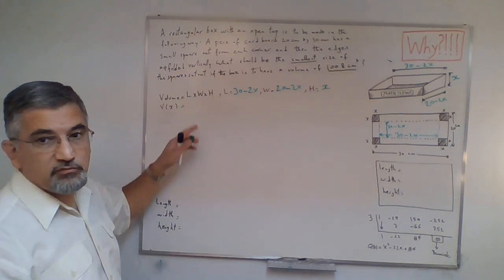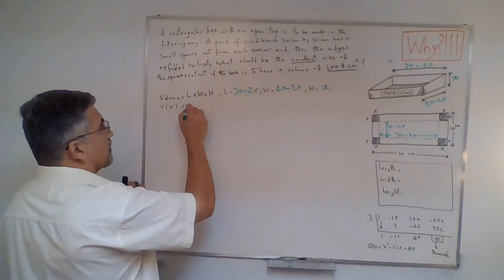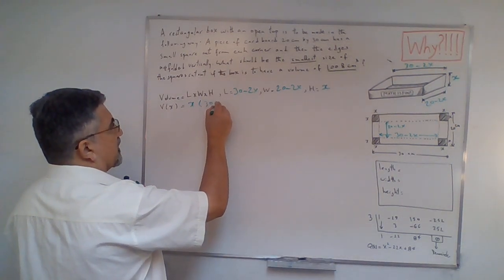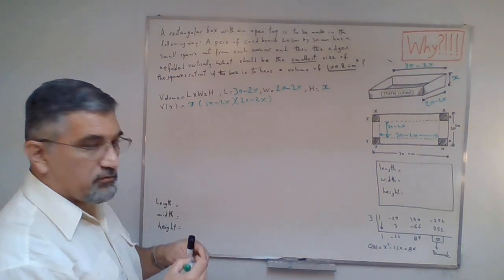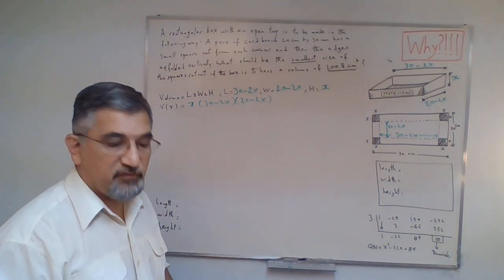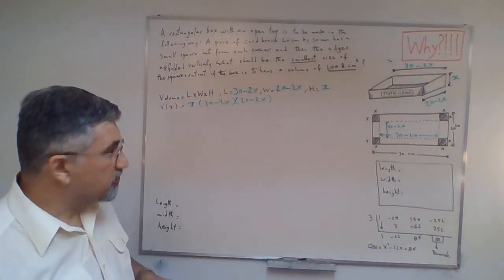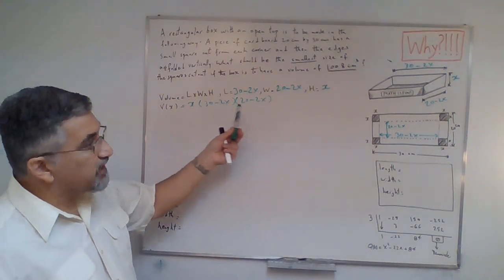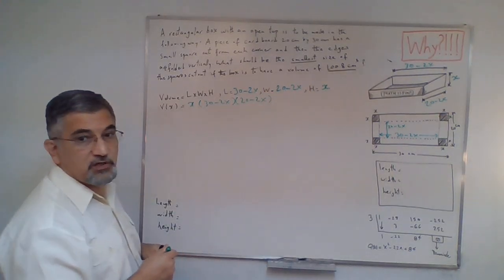And we know that the volume of any rectangular prism is length times width times height. So we're going to multiply x by 30 minus 2x by 20 minus 2x, and we end up with this volume function. It's a volume function of x, which is the height of the box. And now we know that the volume is supposed to be 1008.